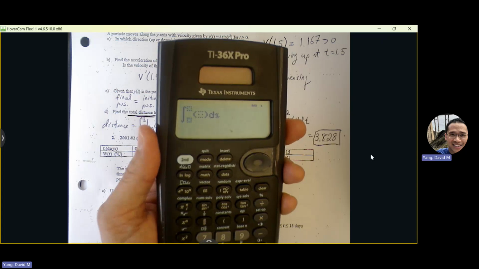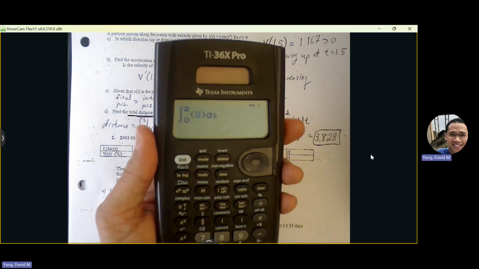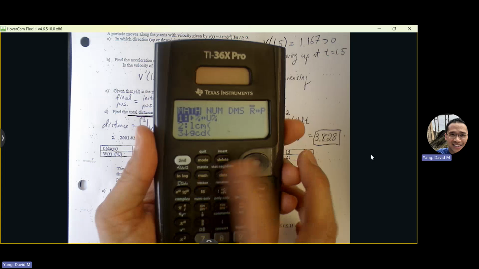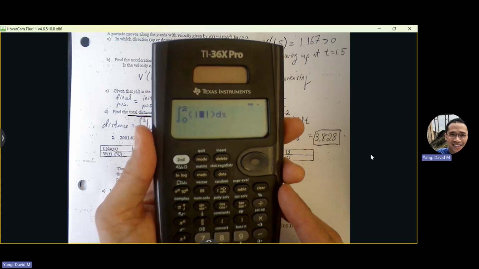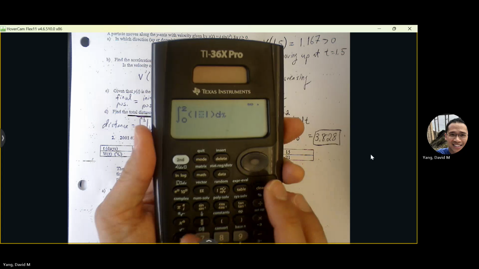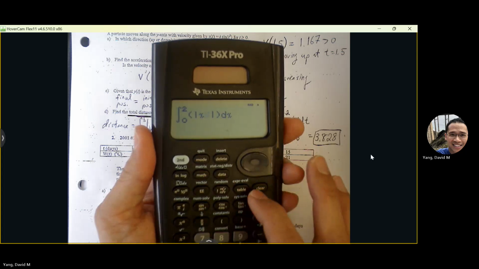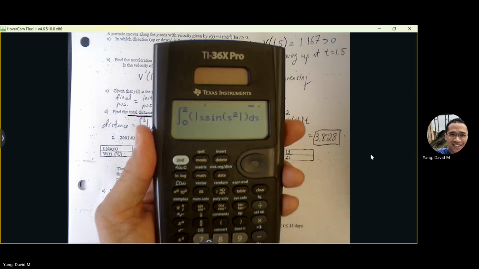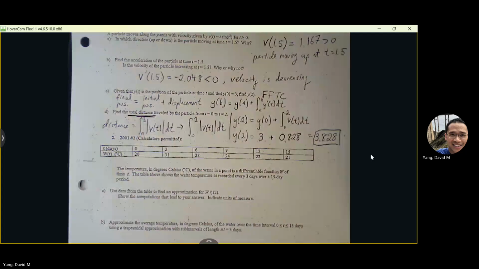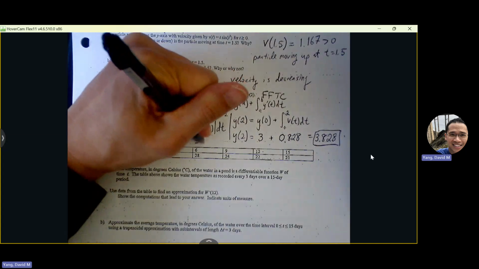On your 36 Pro, you'll do second e, which will get that integral notation from 0 to 2, and then math, same menu, math number ABS. Okay, 1.173 is the total distance.